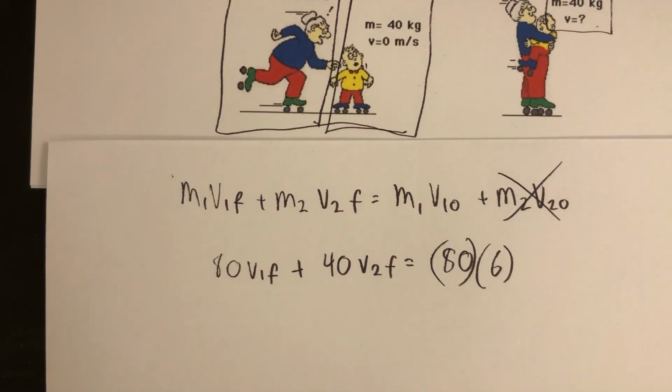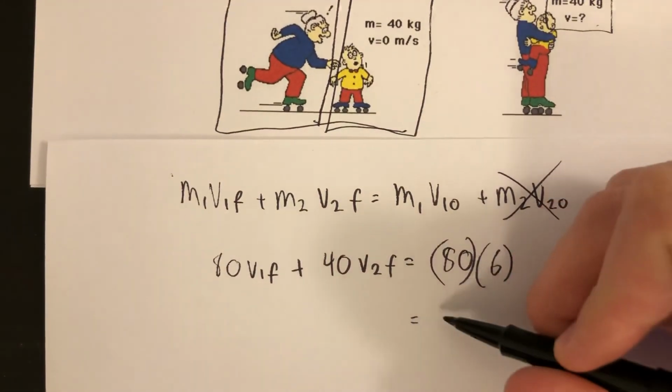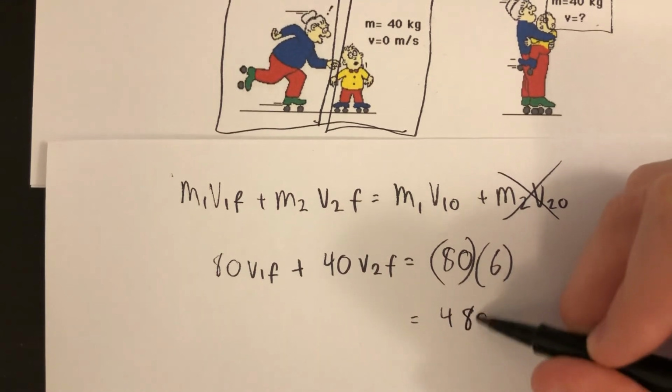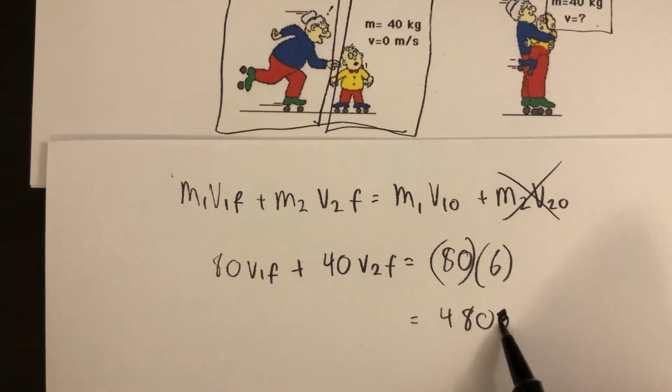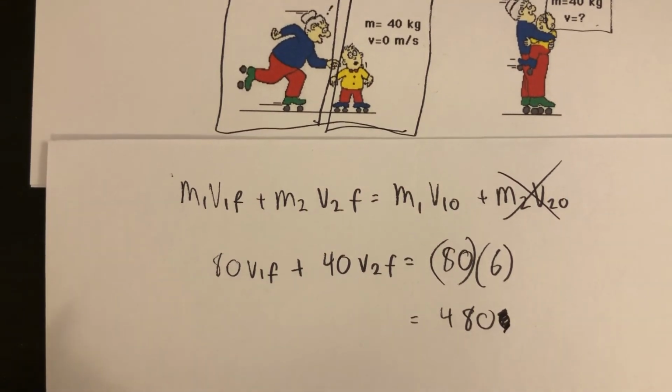So here's the deal. 80 times 60, I guess we could solve that part right now. It'll be 4,800. Oh, it's just 80 times 6. So it's 480.